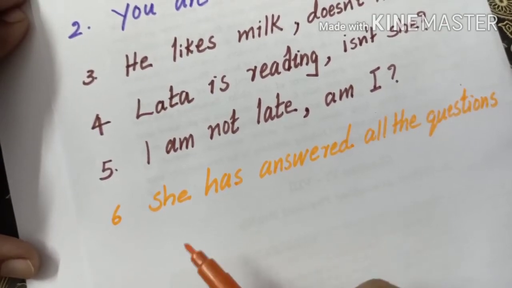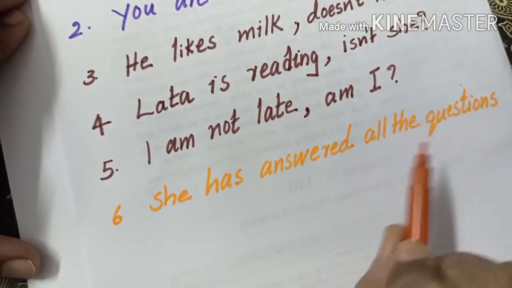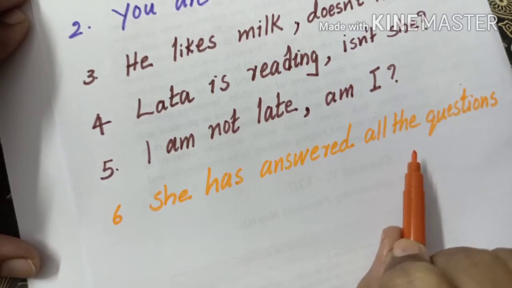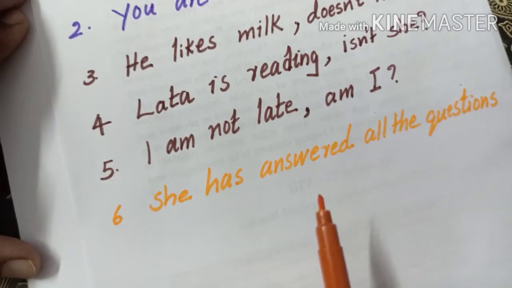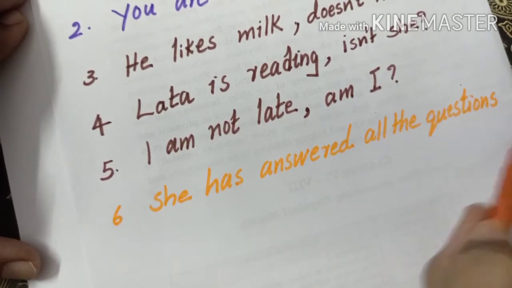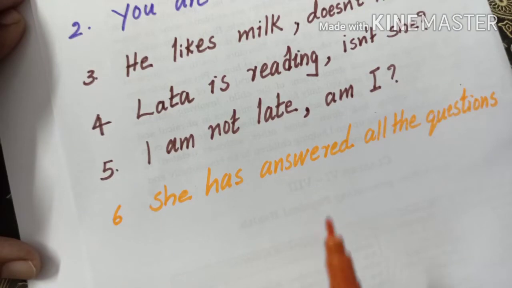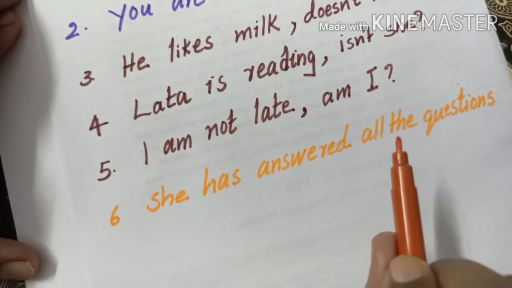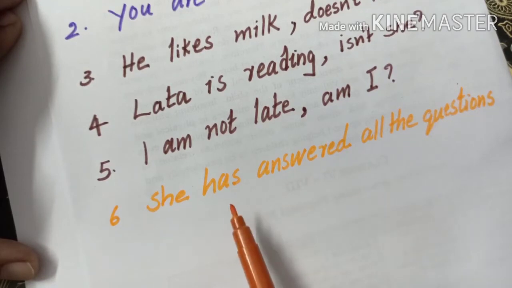Look at this sentence. She has answered all the questions. Is it positive or negative? Yes, it is a positive sentence. There is no negative word here. So if the sentence is positive, you have to write a negative question tag. Is there an auxiliary verb?